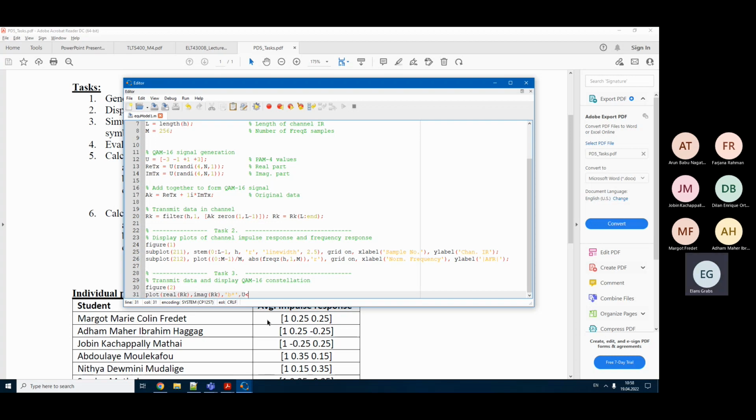No, that would not really be enough. We need to plot the real unique RK and imaginary unique RK. And these are going to be red crosses, not crosses, but circles. And let's make it also line width 2.